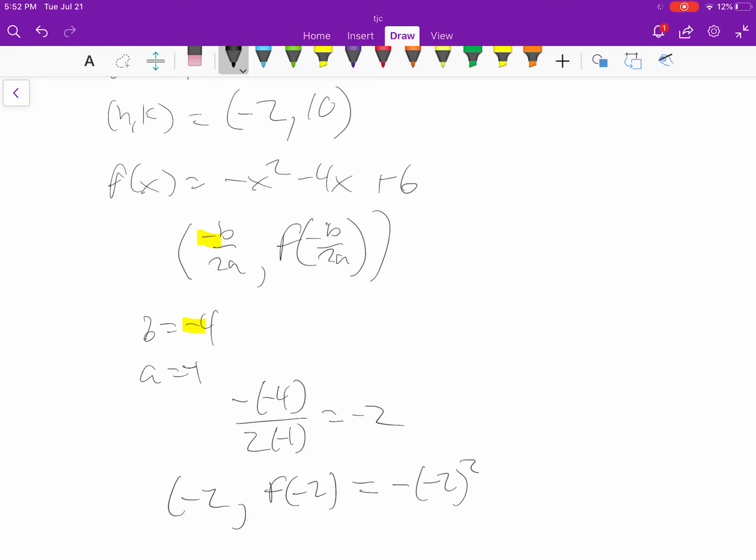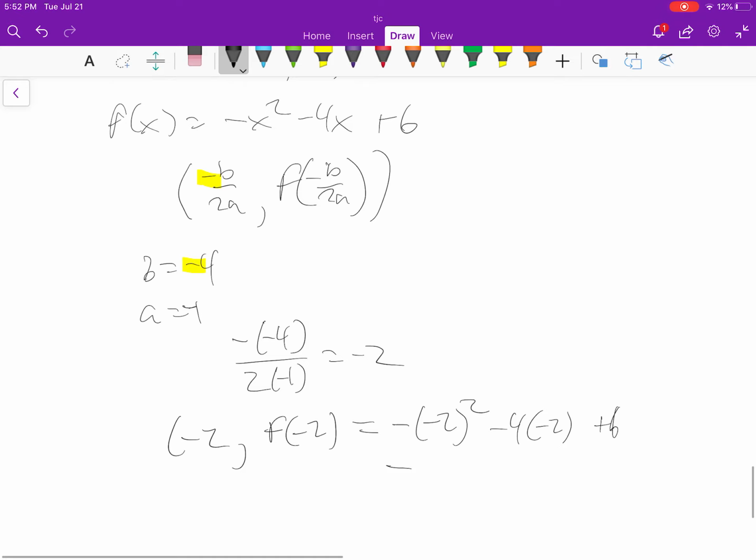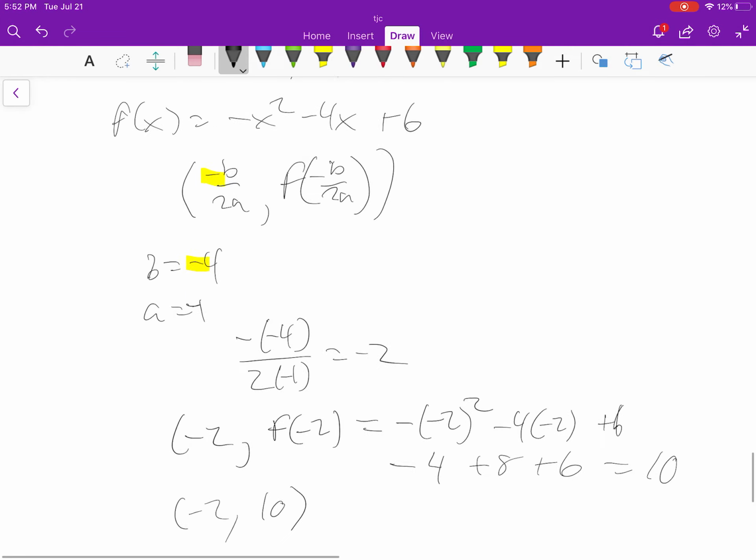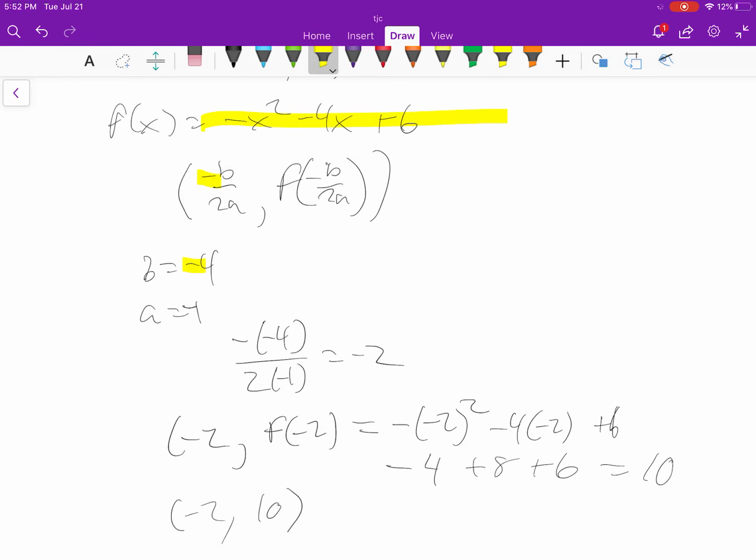So -2 squared minus 4 times -2 plus 6. Okay, this is negative. This would be 4 plus 8 plus 6, which translates to 10. And then we know our vertex is -2, 10. Okay, and then we could graph it similarly, but we'd have to use this version of the function here to graph it.